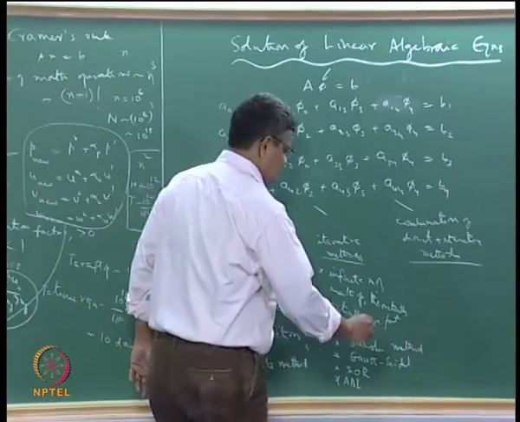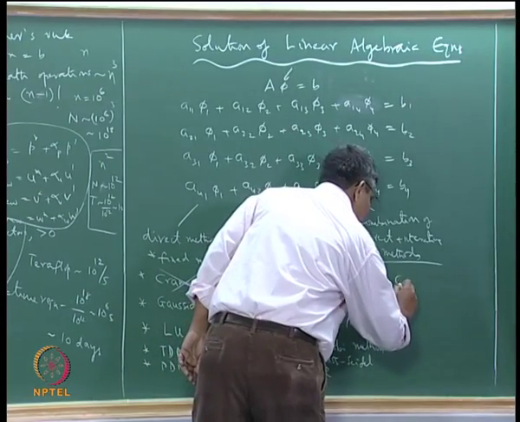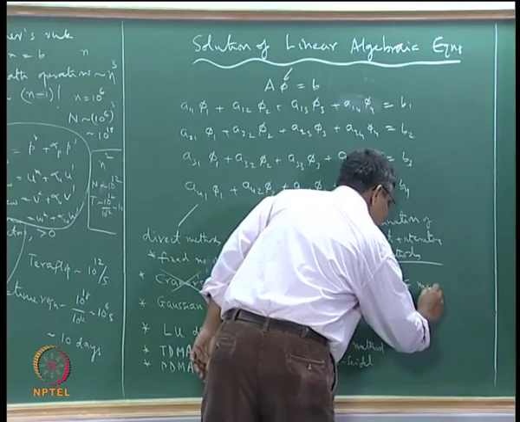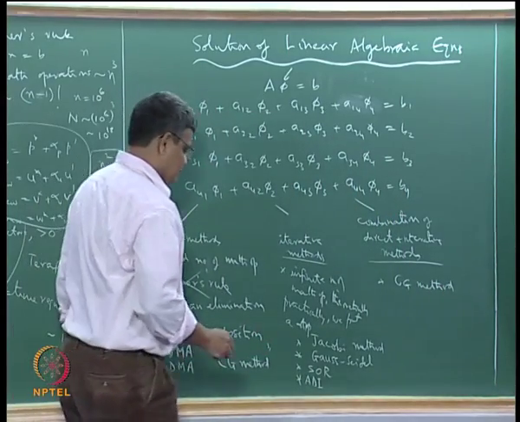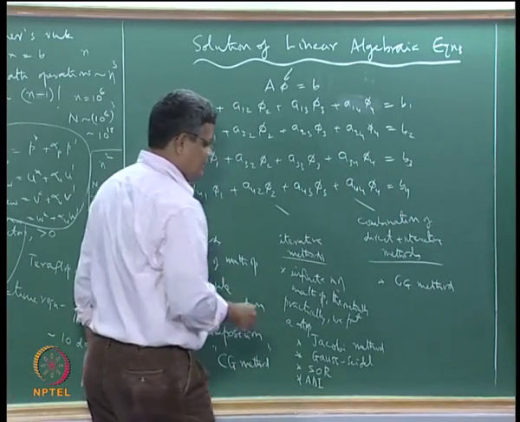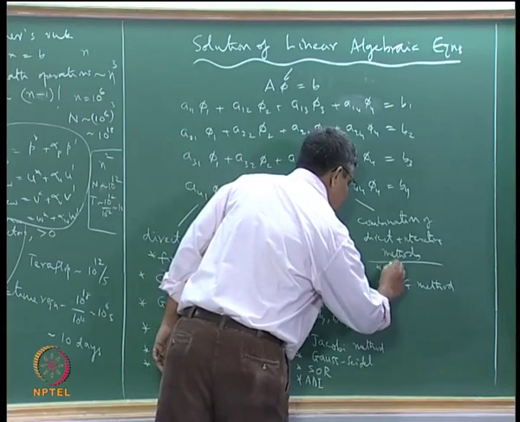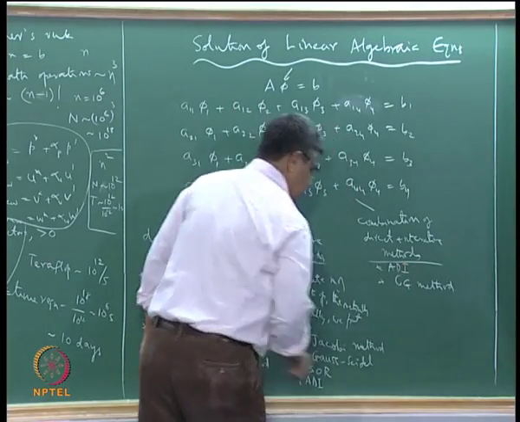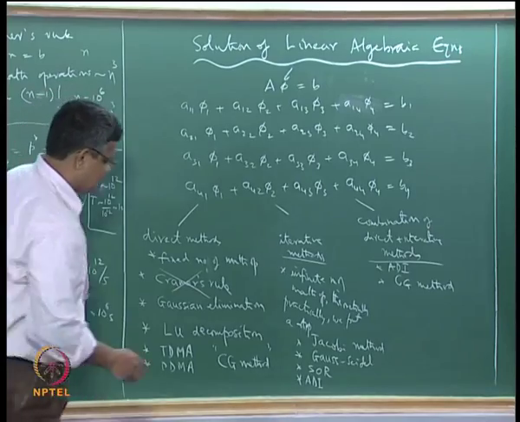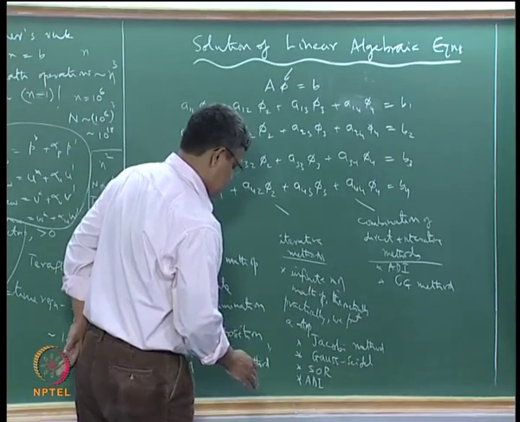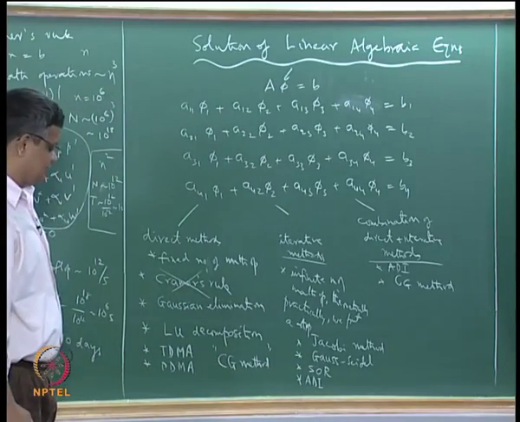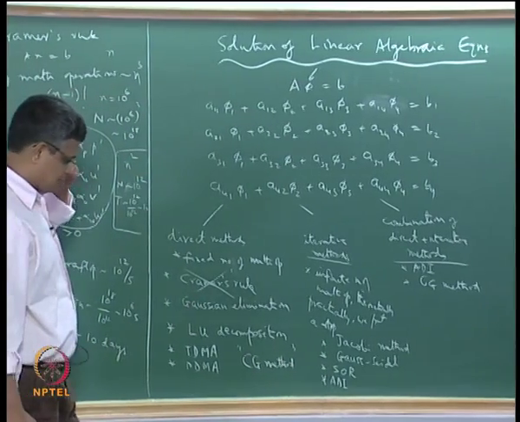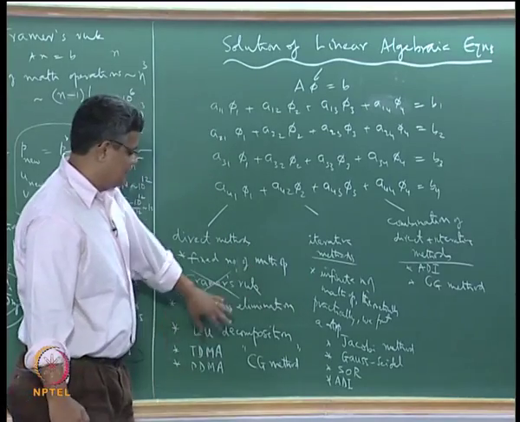So we have identified already the conjugate gradient method, and of course we can say that there are variants of successive over relaxation which will come in this.